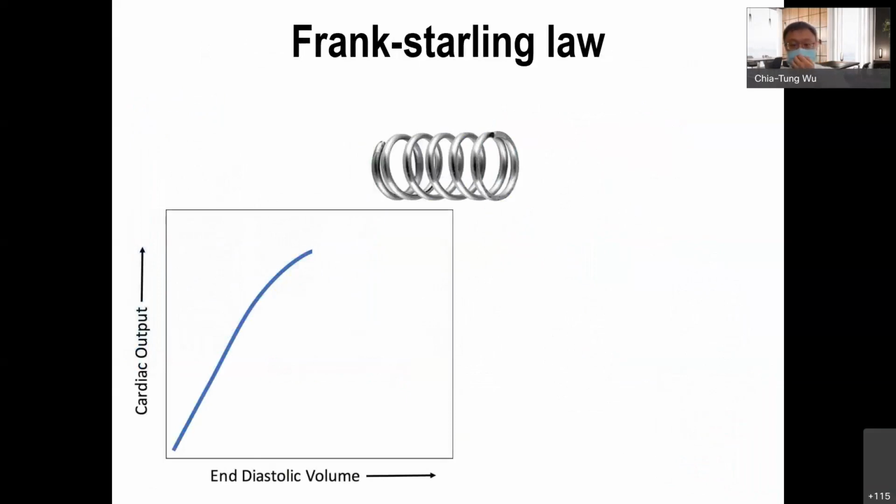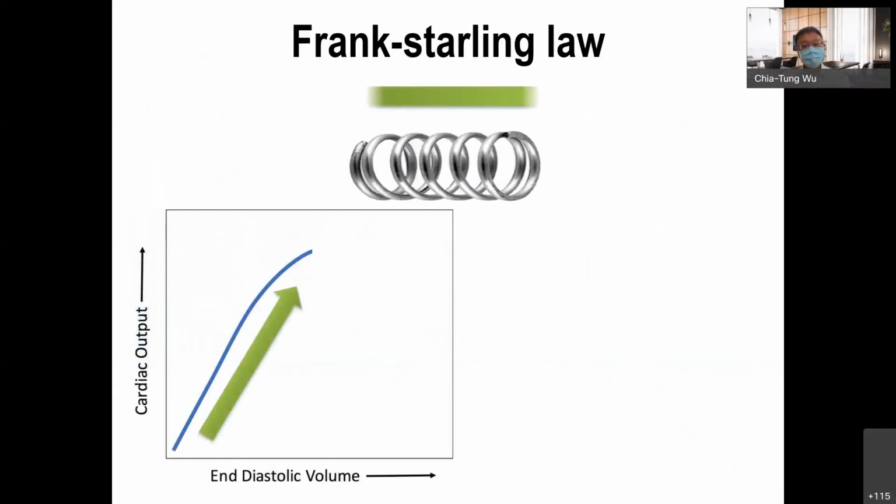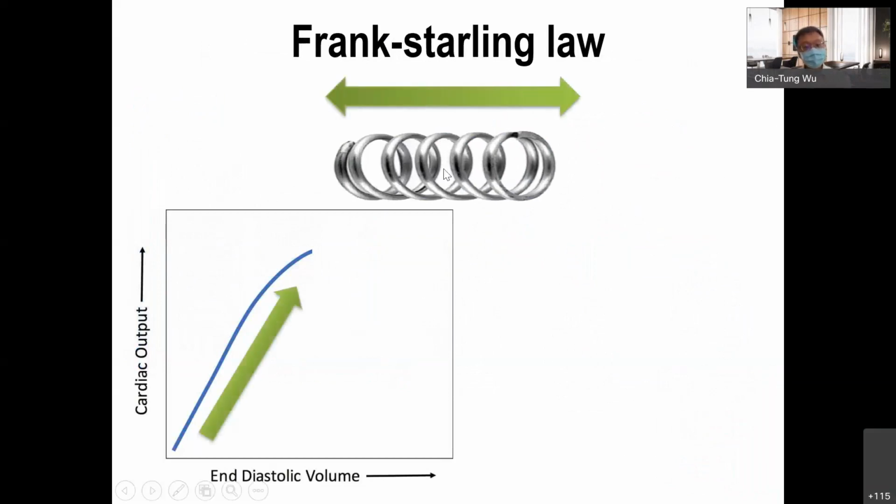And I think most of you here heard about this. What is the Frank-Starling law? When we elongate our cardiac myocyte, it will get more force to recoil, right? So when we have more preload, our cardiac output also increases.